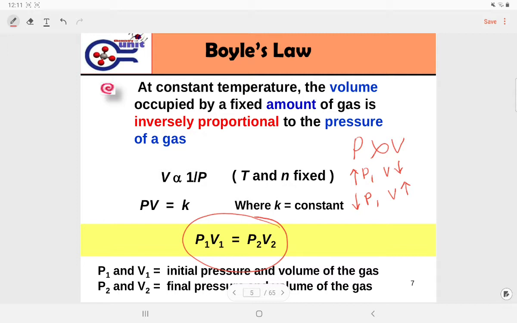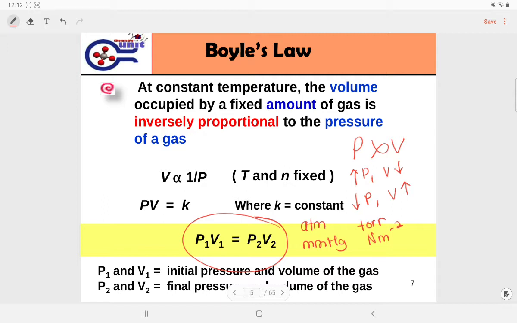The units of pressure that are available are atm, millimeter mercury, torr, and Newton per meter square. So these are the four units of pressure that you need to know. The conversion between each unit of pressure, you can check from the list of constants that I already gave you earlier in this semester.